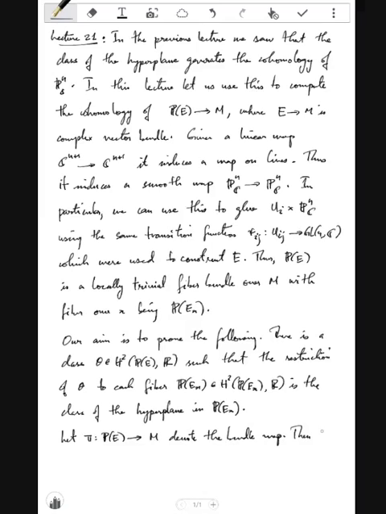Then there is a line bundle, which we denote O_{P(E)}(-1), on P(E), which sits in a short exact sequence of bundles on P(E).